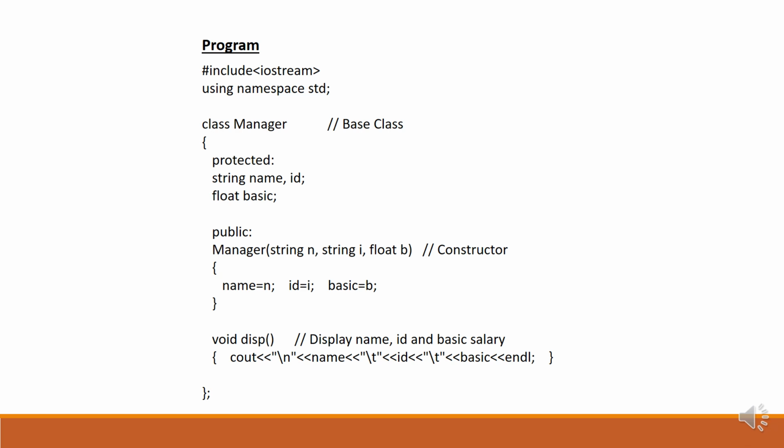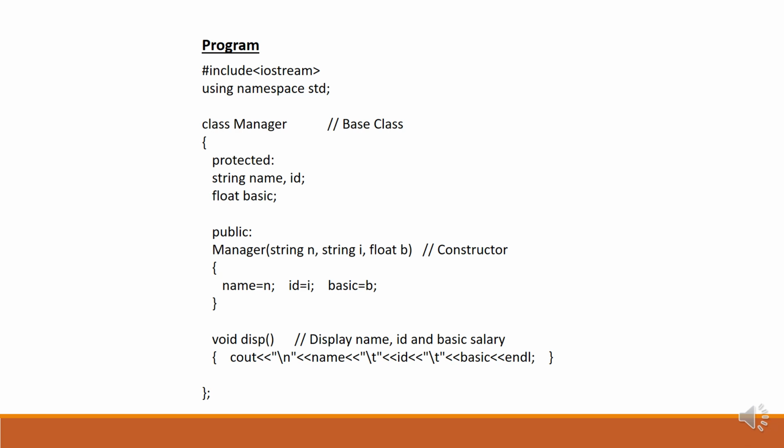We declare the class manager. As already discussed, name, ID, and basic salary are protected members. We have the constructor manager that takes three parameters and initializes name, ID, and basic salary.